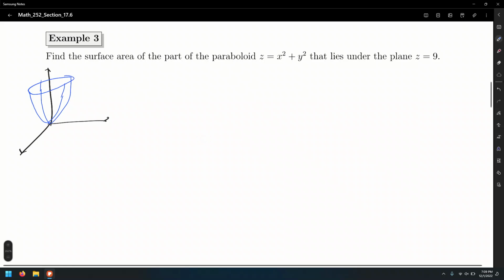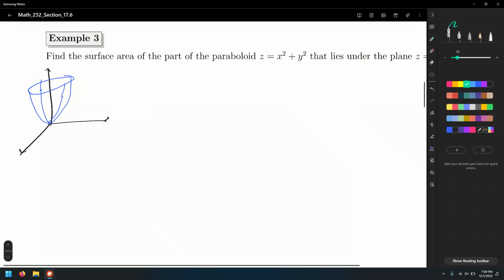And in this case, the plane z equals 9. All right, it's a horizontal plane. z equals 9, sort of.